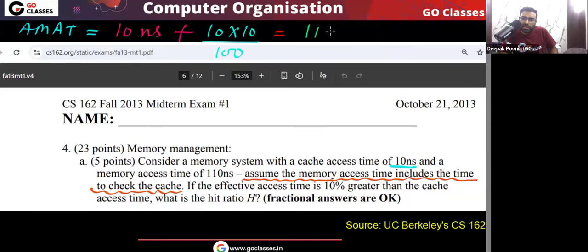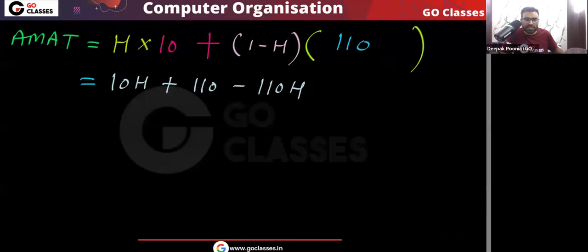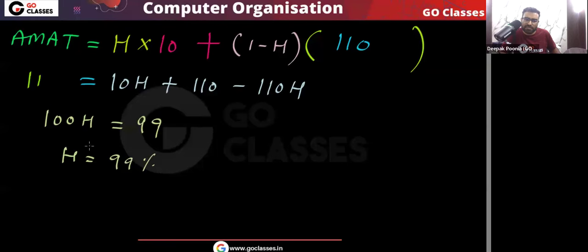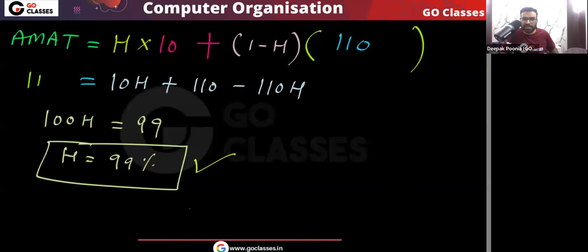So it will be 11 nanosecond. The question says the average memory access time is 11 nanosecond, and from here you can calculate the value of h. So that will be 100h equal to 99, so h is equal to 99%. The hit rate is basically 99%.